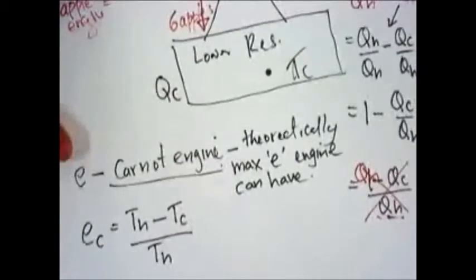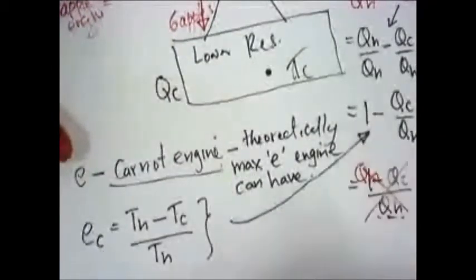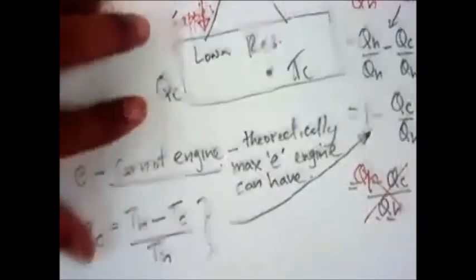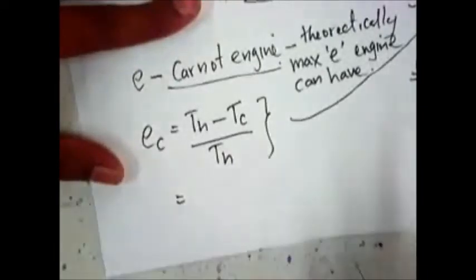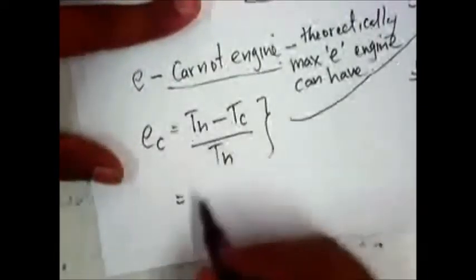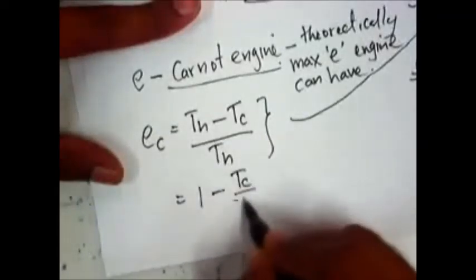If you have a Carnot engine, then this part here will be equal to that one there. And if we do a similar thing to the temperature, you'll see the formula becomes 1 minus Tc over Th.